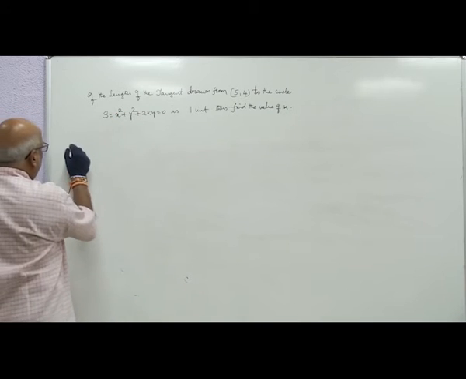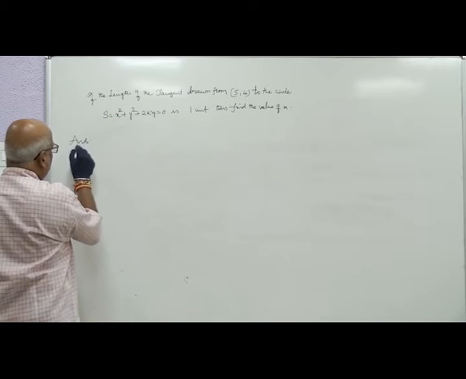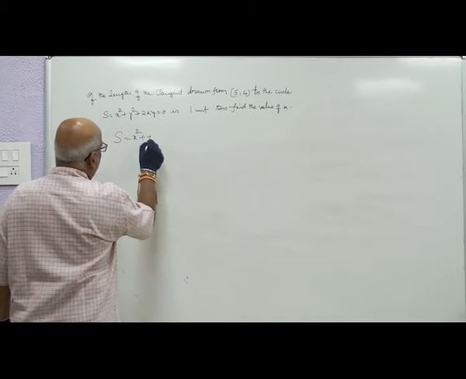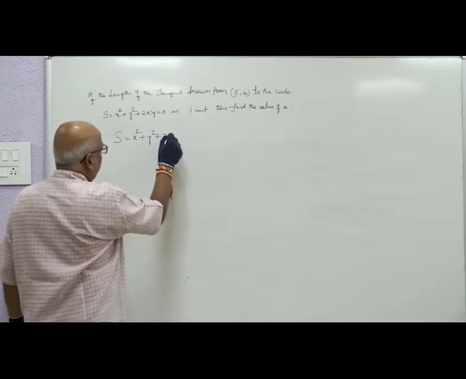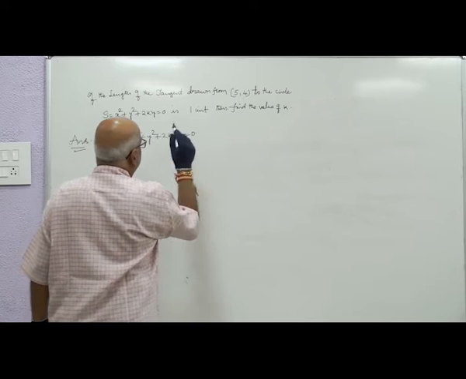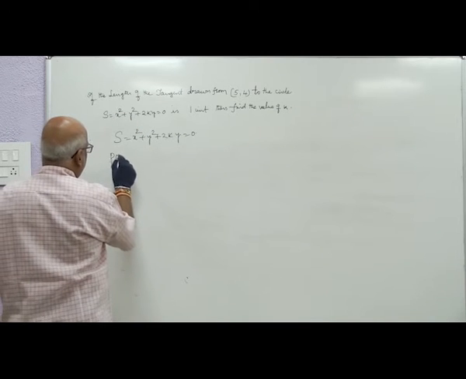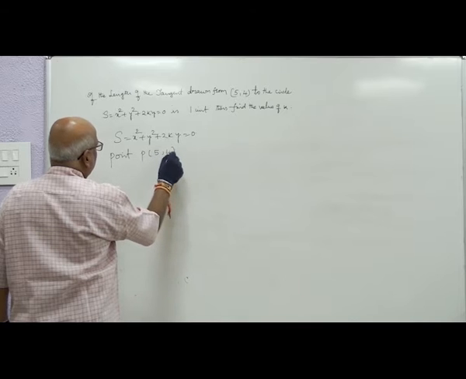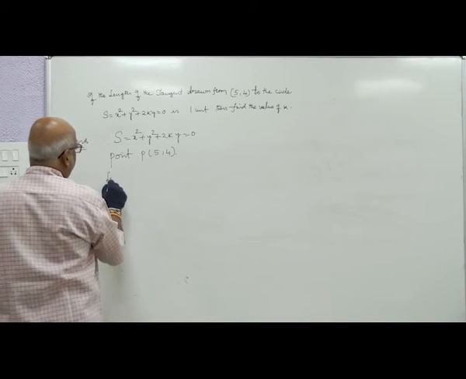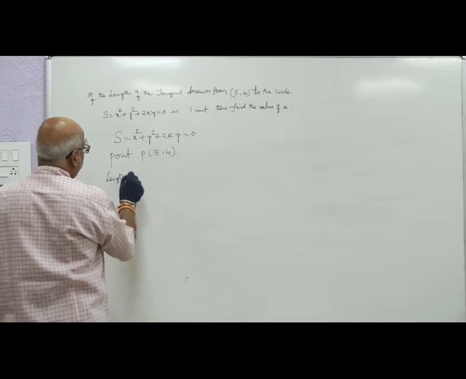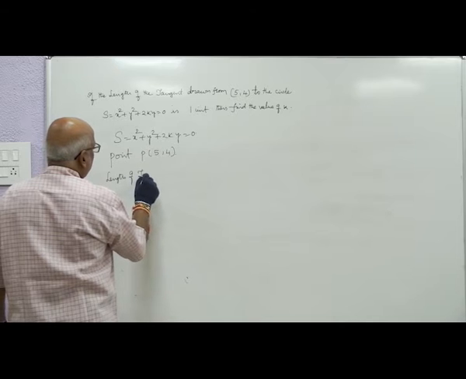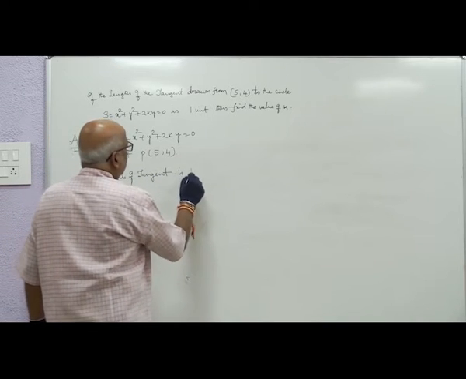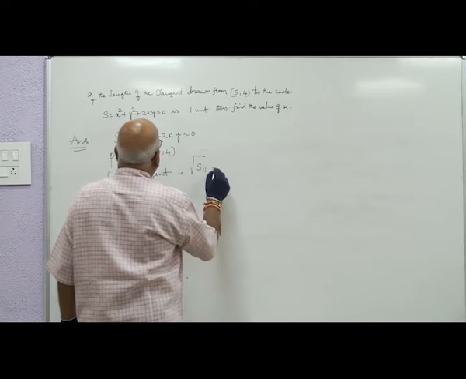In this present problem, he gave one circle equation, that is x square plus y square plus 2ky equal to 0. Point P is 5, 4. Length of tangent is root S11.